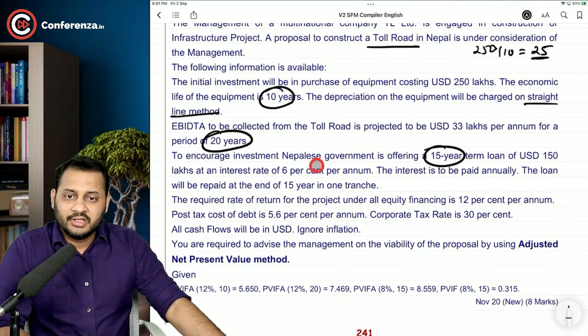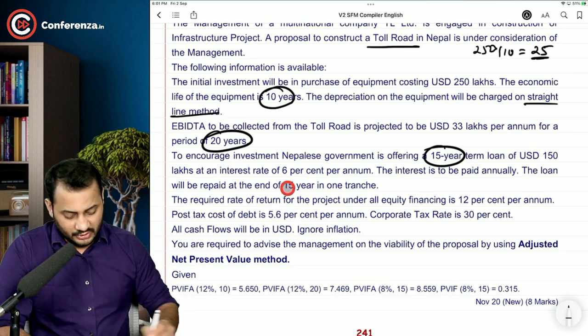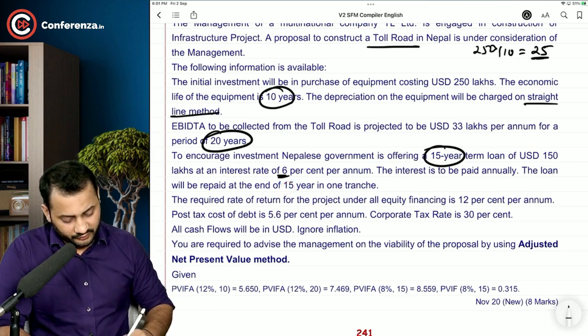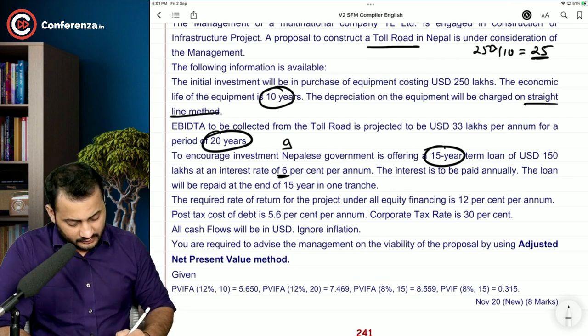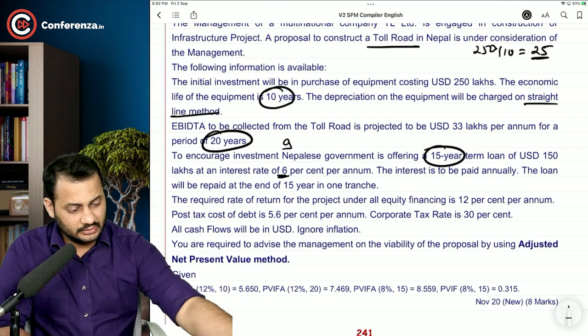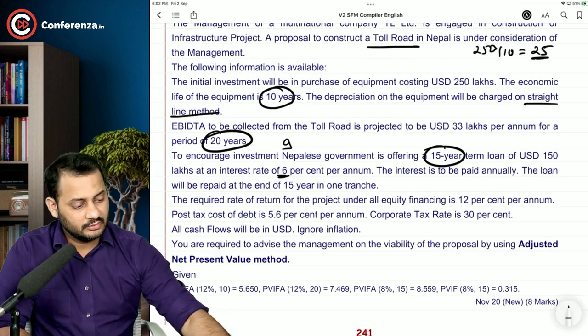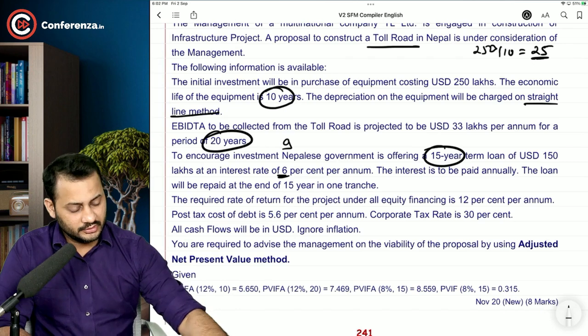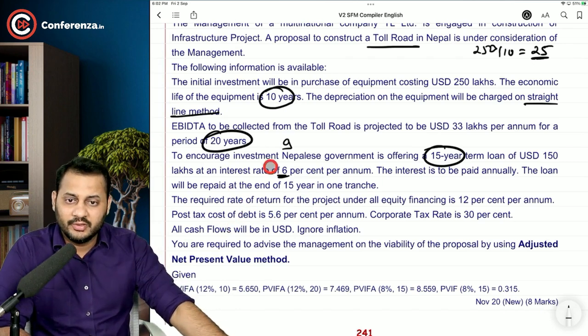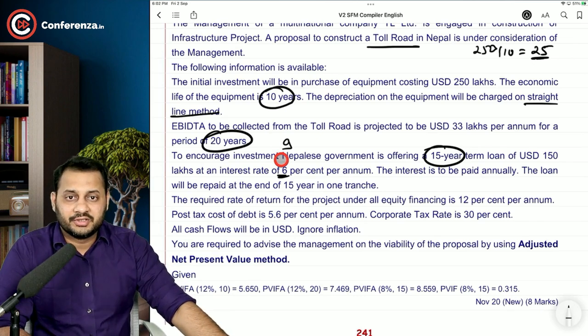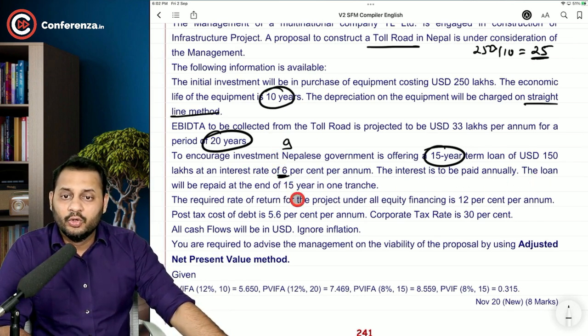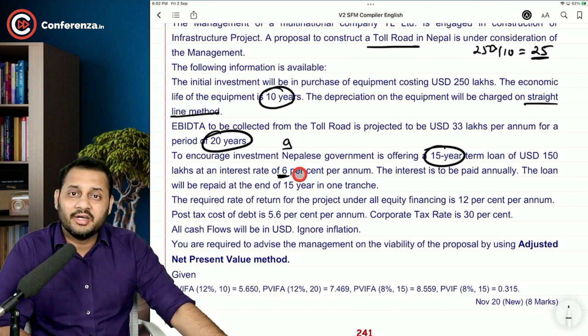Now, the Nepalese government is offering a 15-year term loan of 150 lakhs at an interest rate of 6%. So interest will be 150 into 6%, that's around 9 lakh US dollars annual interest, and that too for 15 years. The loan will be repaid at the end of 15 years in one tranche. That means this loan repayment is not on a reducing balance method.